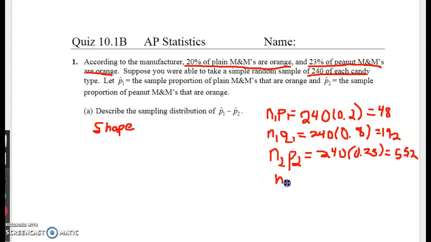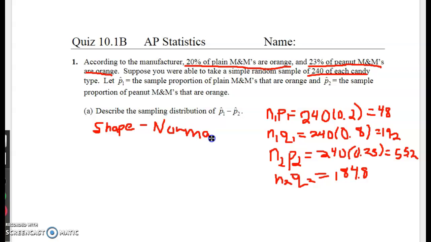And then N2Q2 is 240 times 0.77, and if you compute that, it gives you 184.8. So I had to show that those conditions were met, and that allows me to say that the shape is normal.